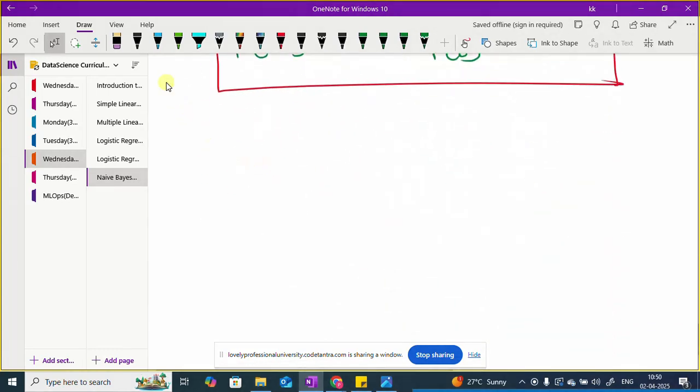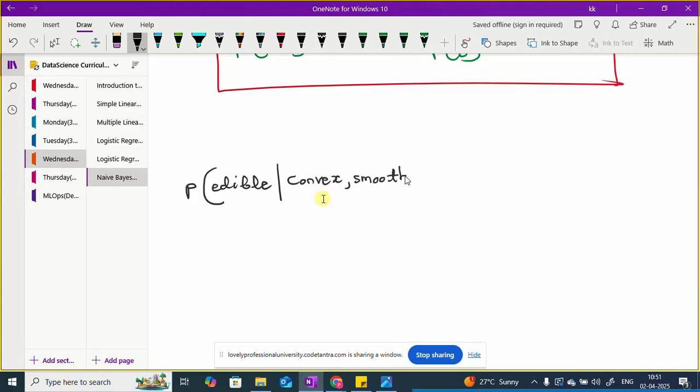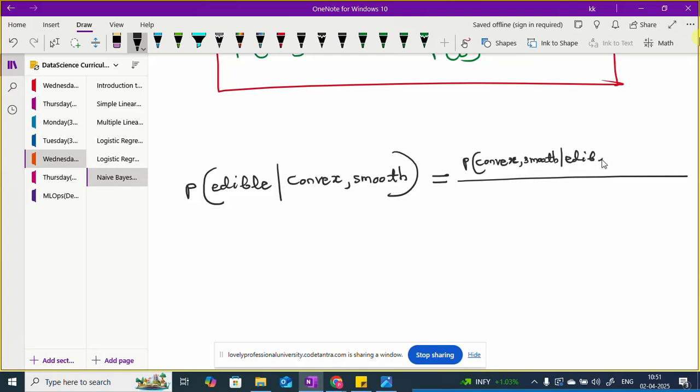For two features, for example, according to our problem statement: probability of edible given convex comma smooth is equal to probability of convex comma smooth given edible, times probability of edible.